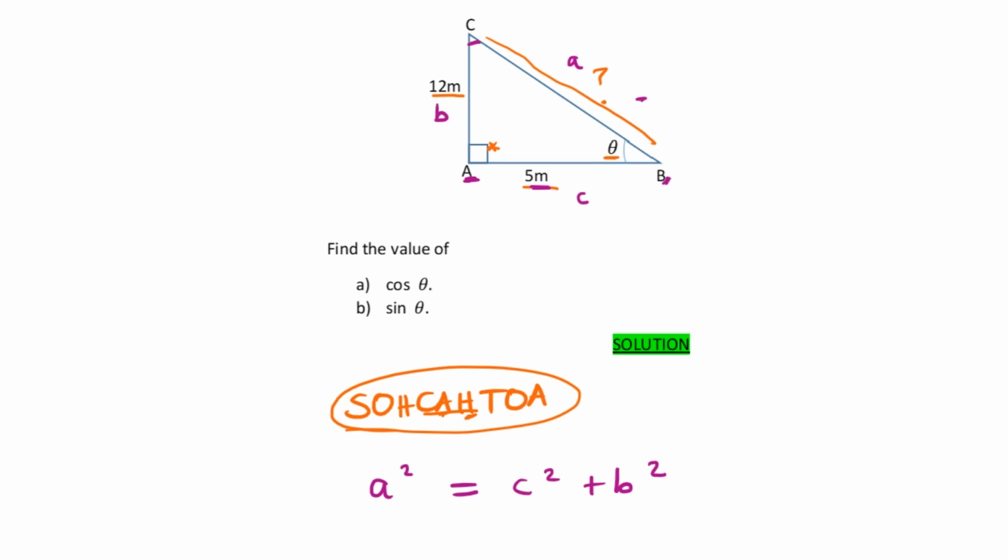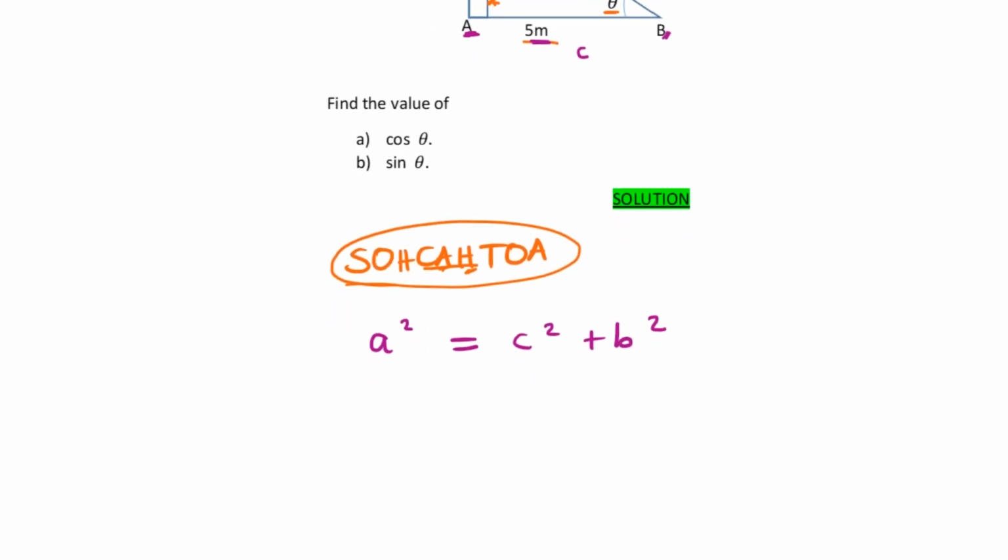All right, for us to find a squared, we proceed, a squared is equal to c squared, we have said it's 5 squared, plus b squared is 12, so we are replacing, say 12 squared.